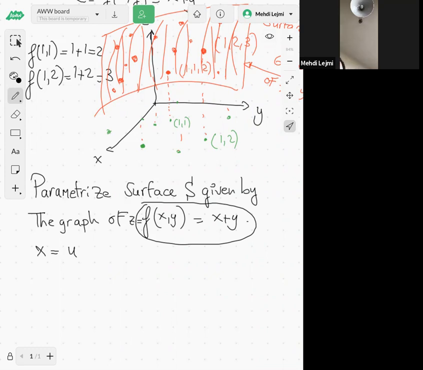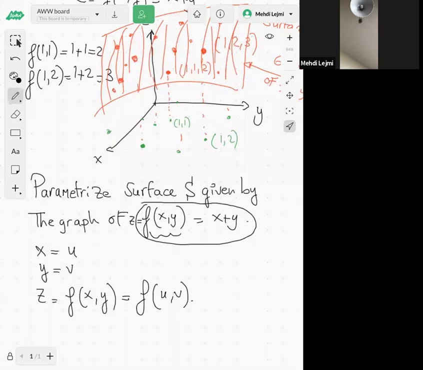So x is u, y is v, because there is no relation between x and y. x could be any number, y could be any number. But z must be equal to f of xy, because it's a graph of this function f. But x is u and y is v, so this is f of uv, which is u plus v.